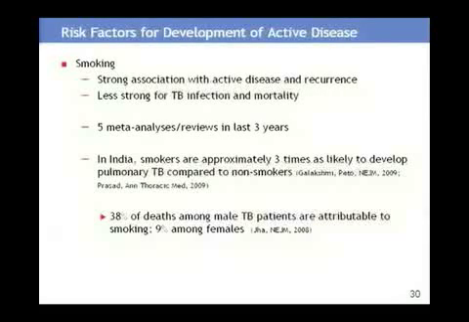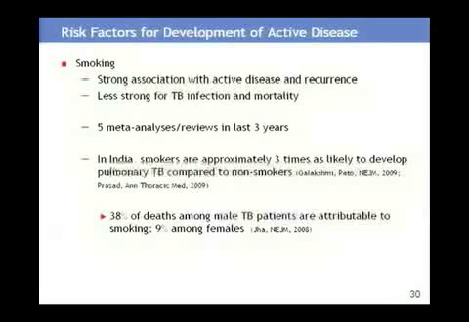In India, there have been 2 very recent papers that show that smokers are approximately 3 times as likely to develop pulmonary TB compared to non-smokers. And a very interesting paper that came out last year, looking at smoking and mortality in general, showed that 38% of deaths among male TB patients are attributable to smoking, and 9% among females.